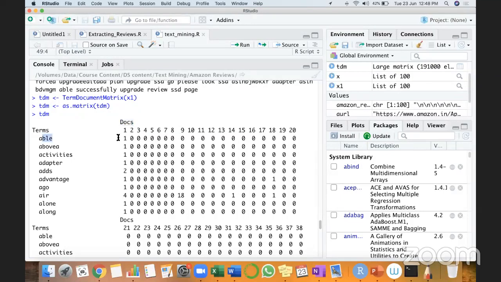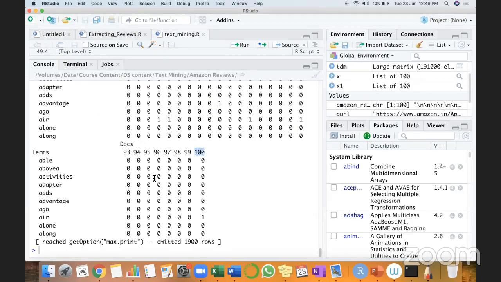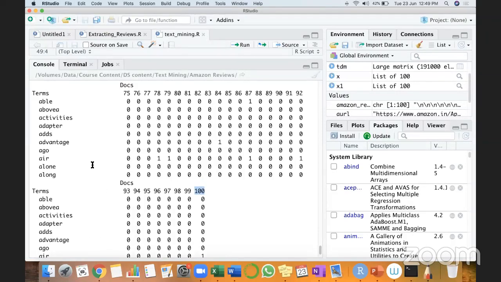So "able": in document one, it has occurred one time. In document two, zero times, like that. This word "Air", MacBook Air, right? Air has occurred 18 times in the ninth review. Like that, how many do we have? A total of 100 reviews, and we can see the counts of the first few words. This is called the term document matrix.